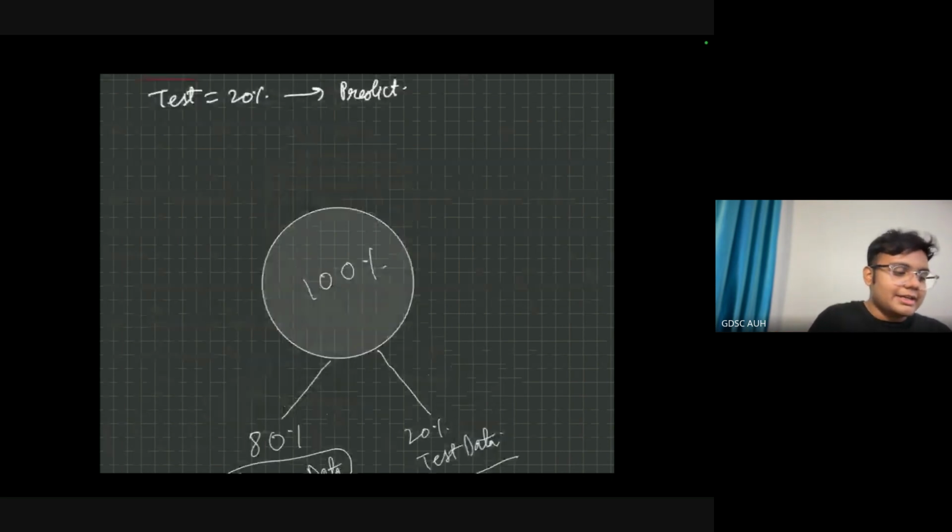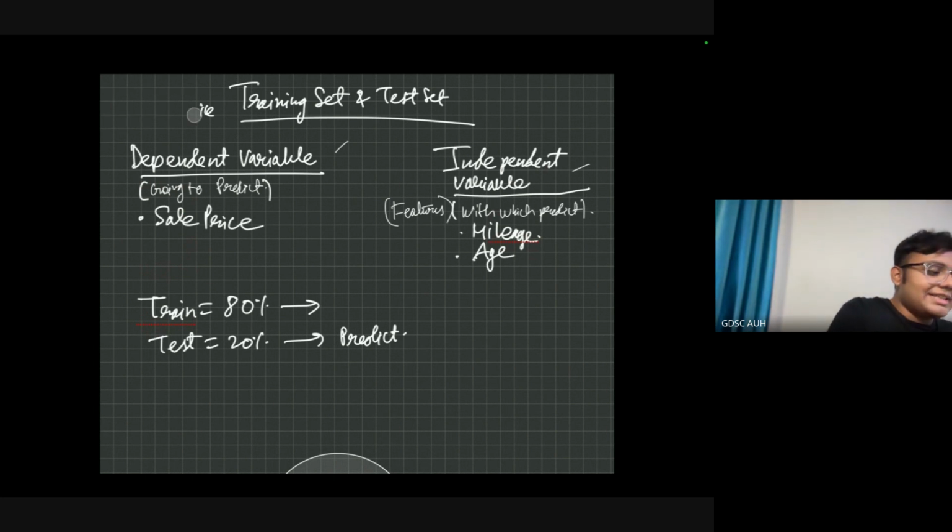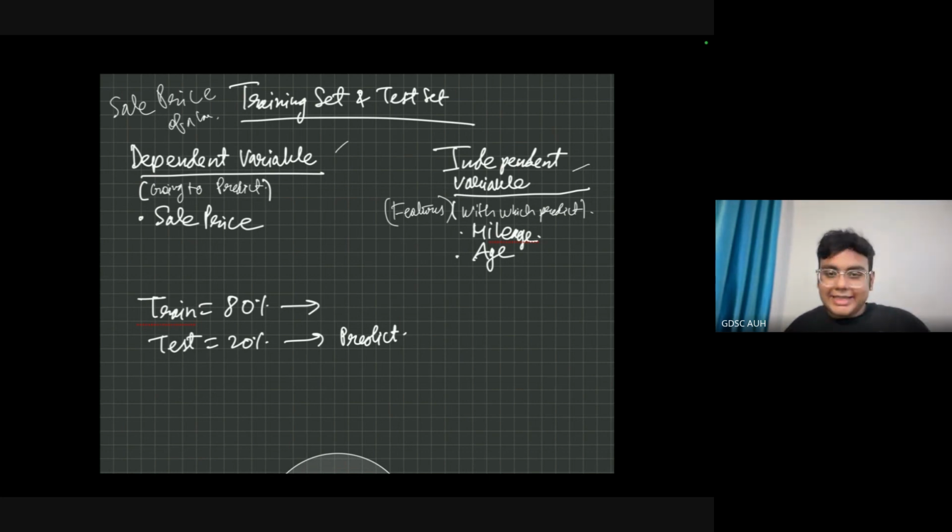Now, in any data, we have a dependent variable and we have an independent variable. For example, if we want to predict the sale price of a car, right? Then what is the dependent variable?